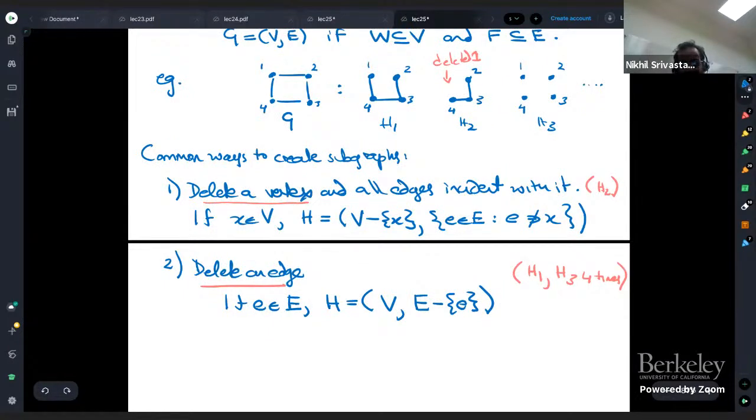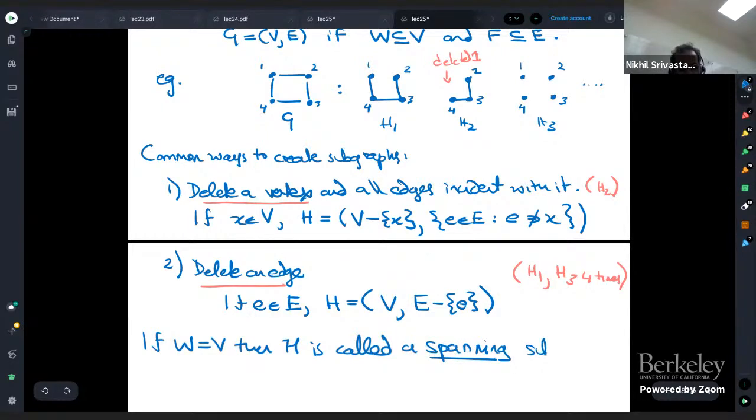And there's one special case which is going to come up a lot, which is if you don't change the vertex set, it's called a spanning subgraph. So if W equals V, then H is called a spanning subgraph. So in the examples above, which ones are spanning subgraphs?